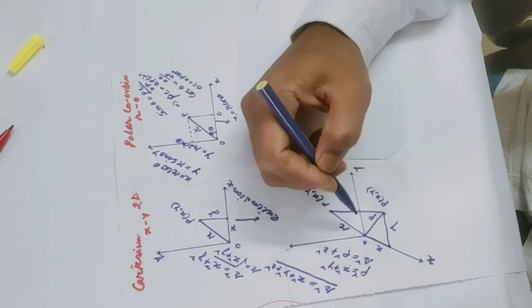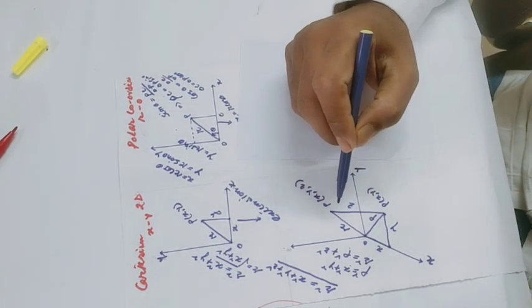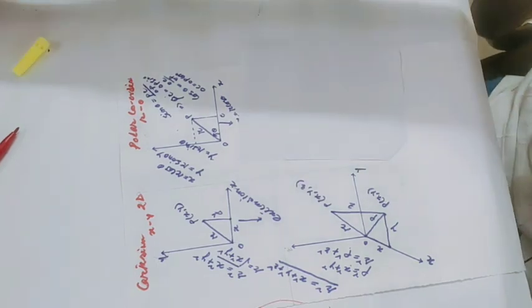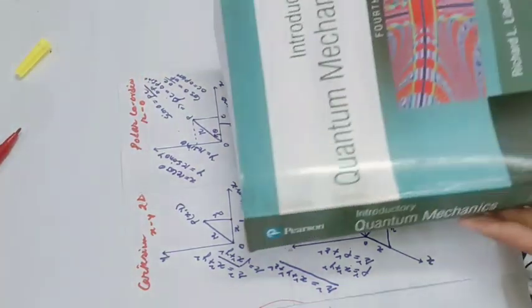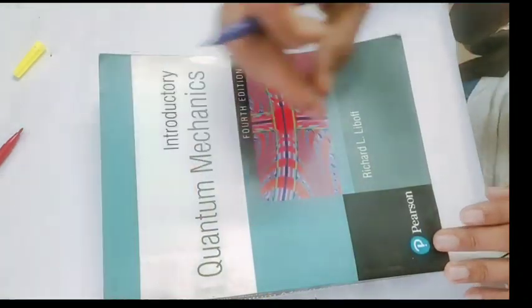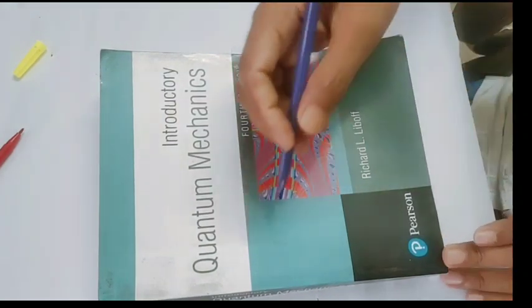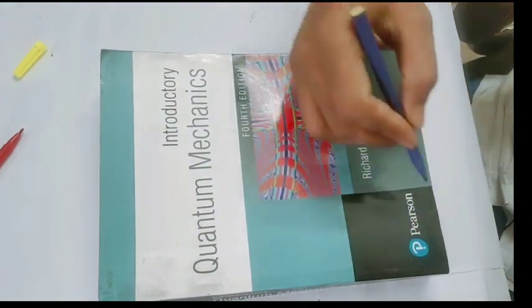But when we draw simply like this, it is very difficult for us to understand. Suppose I have considered a book as the rectangular object. You can visualize the thing like this. This is the x-axis, this is the y-axis, and this is your z-axis. Now you can vary along the x-axis to get the whole book.